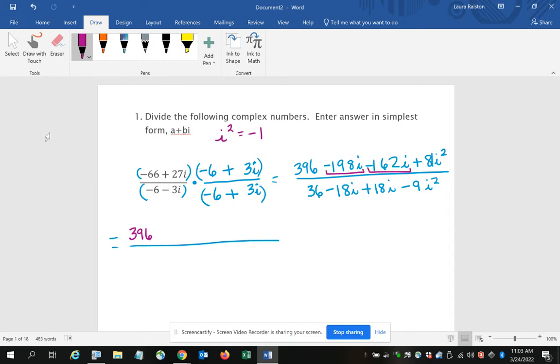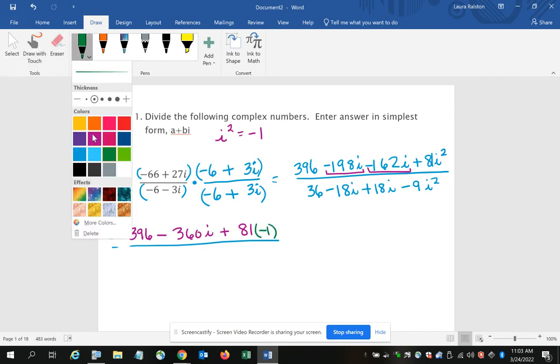So we're going to add those together since we have the same signs. So that gives me negative 360i plus 81. And in place of i squared, I'm going to put negative 1. And we'll go back and do that math in just a minute.